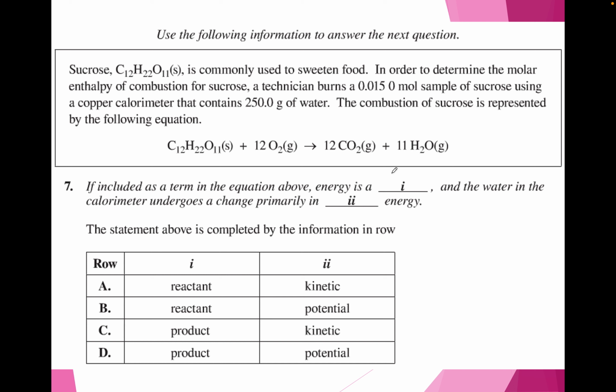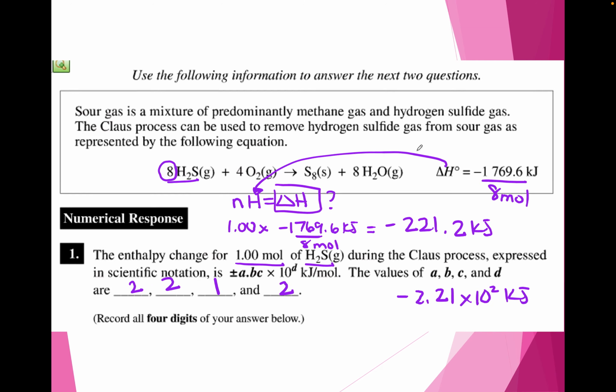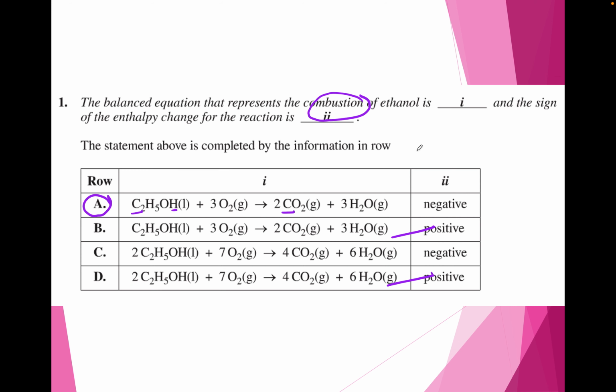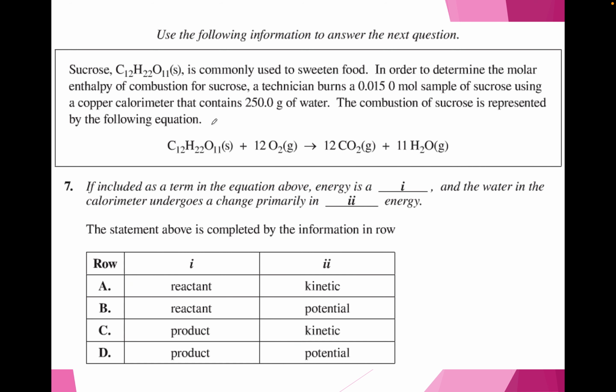If it is a combustion reaction, you're most likely giving off heat, which would make your reaction exothermic. And if it's exothermic, you would want to be on the product side. So we can rule out A and B.